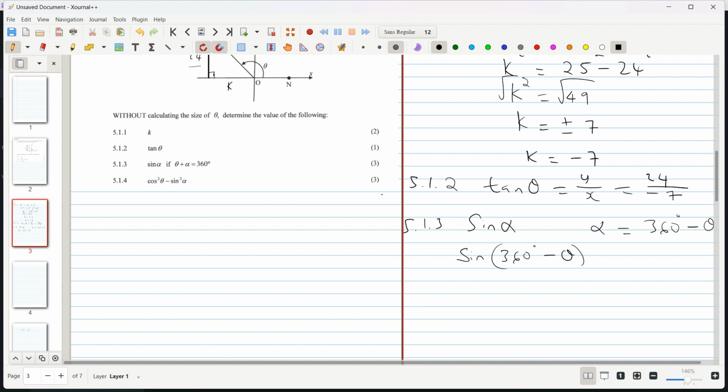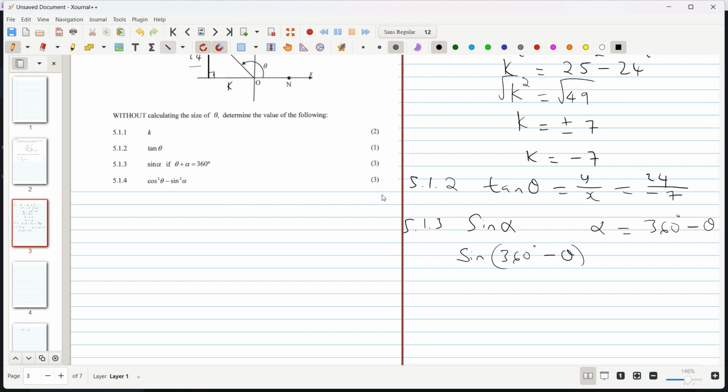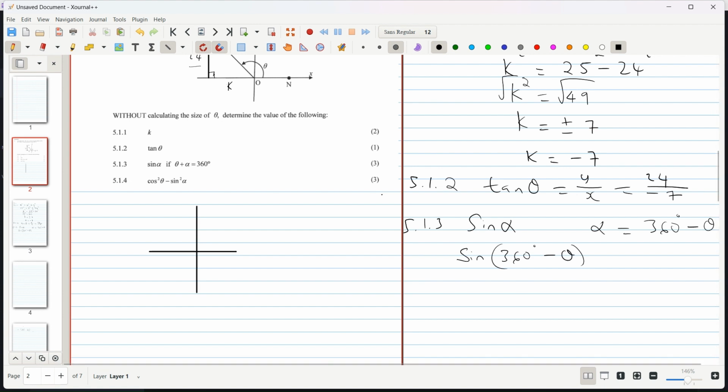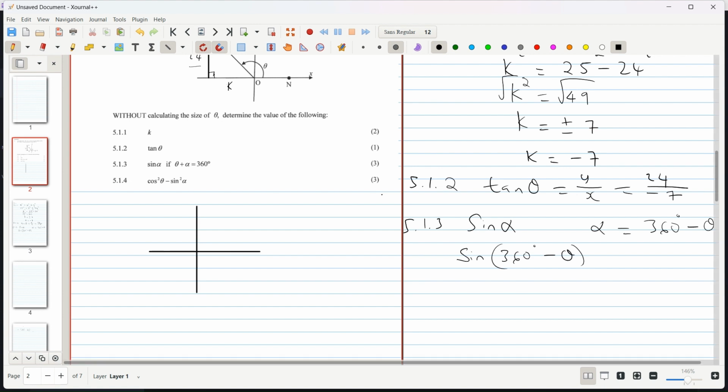Okay. And then for this, you need to remember 360 minus theta. Which quadrant is this? If you can check from your CAST diagram, you can quickly draw it here.